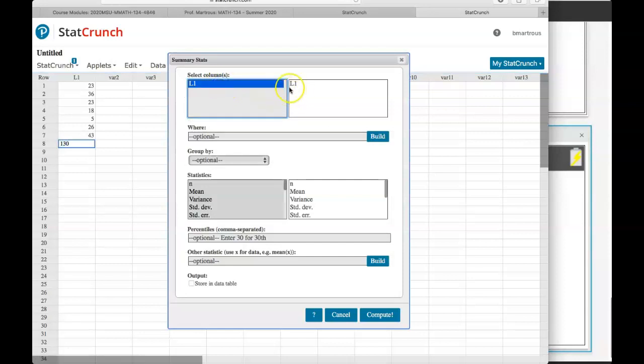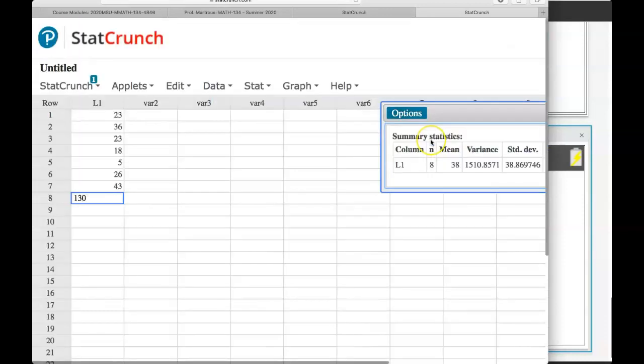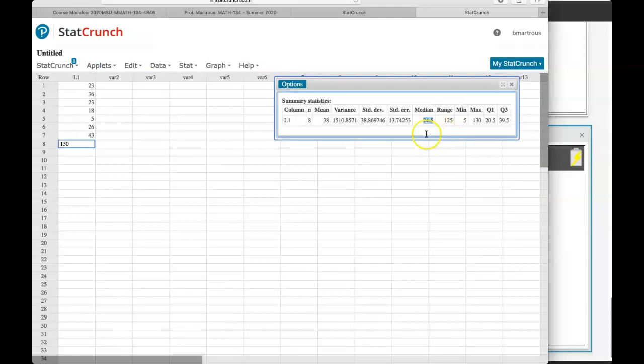Choose that one. You should have L1 here. Then Compute. Now let's see: the mean we got is 38, so we have the same answer as on the board. The median is 24.5, exactly the same thing.